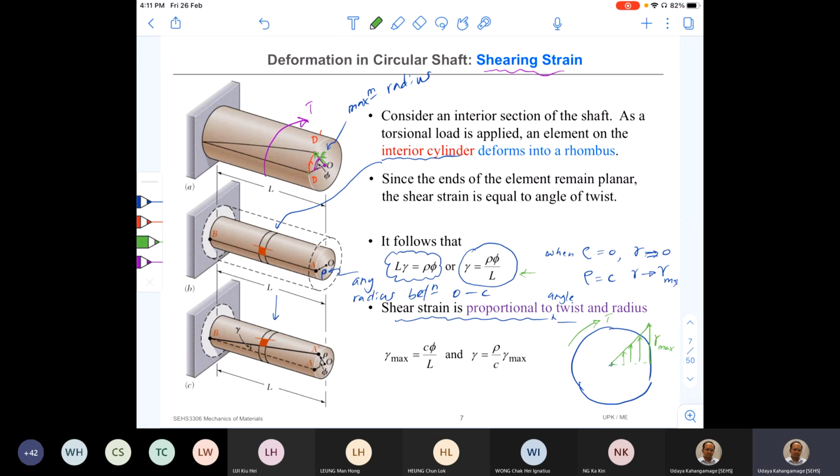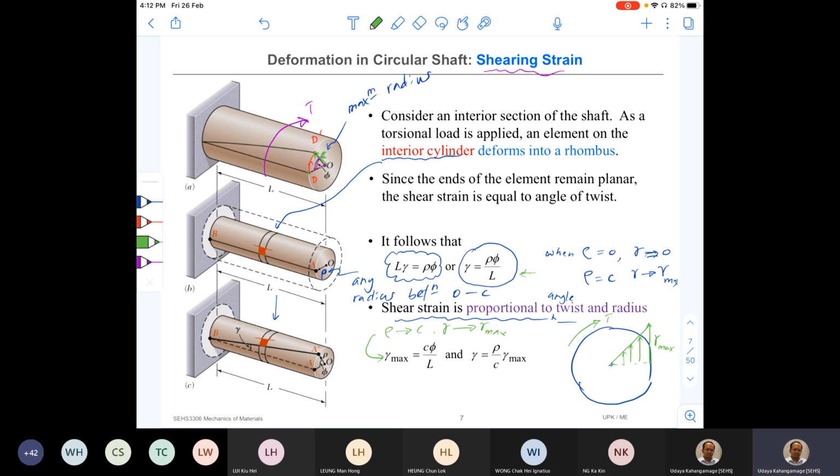All right. Okay. So now we just learned that when rho reaches c, gamma reaches gamma max, and therefore I can write this equation.